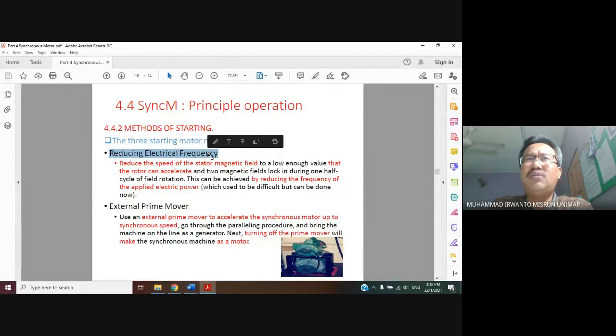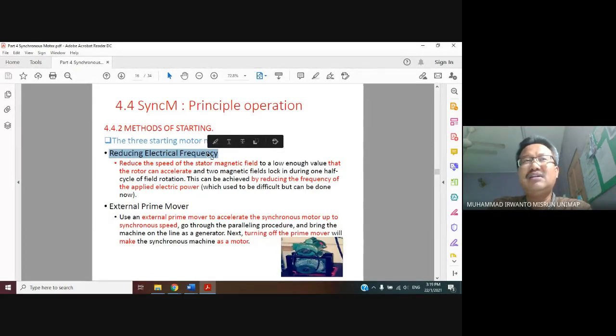Here, the number of poles for the synchronous motor is constant, so Ns is equal to 120F over P. Meaning if we change the value of the frequency, the synchronous speed will change also.